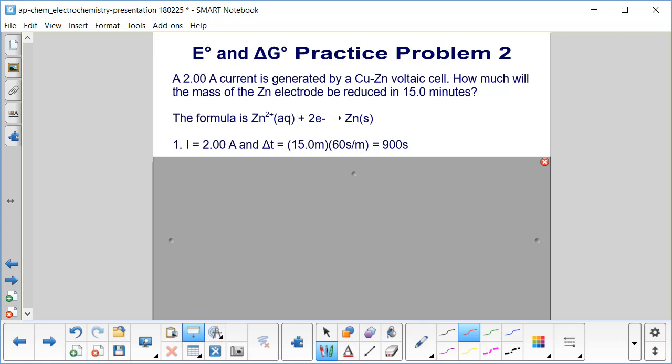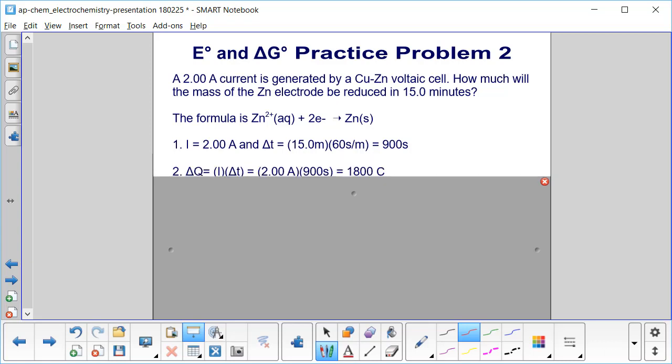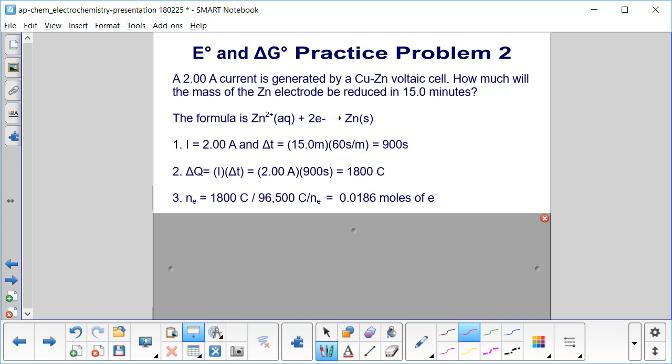So let's start with our current, 2 amps multiplied by 900 seconds. 15 minutes is 900 seconds. We get 1800 coulombs of charge. We need to convert that charge into moles of electrons using Faraday's constant. So we divide by Faraday's constant to get 0.0186 moles of electrons. Then we need to use the stoichiometry here that says twice as many electrons are produced as zinc metal is consumed, or the other way around, half as much zinc metal is consumed as electrons are produced.